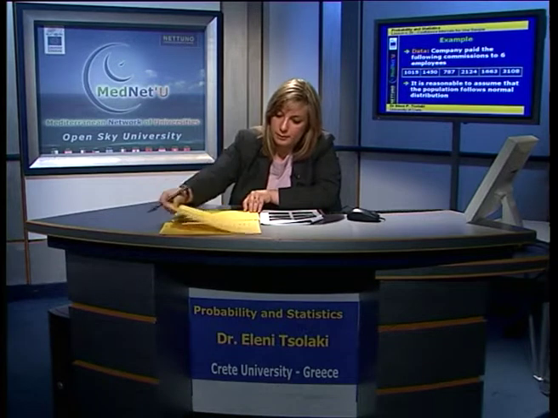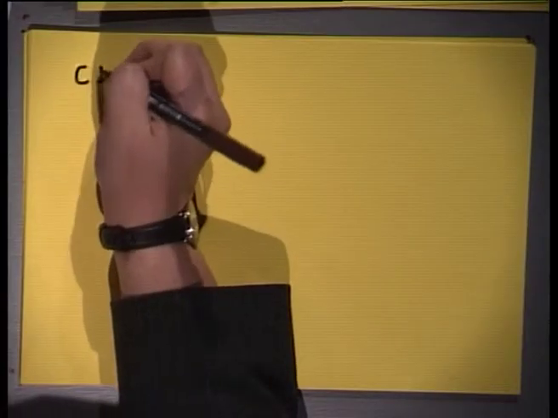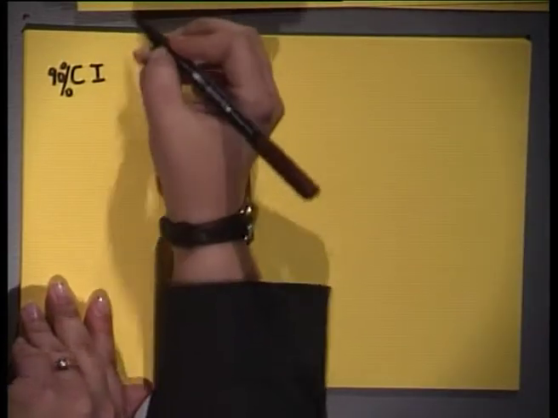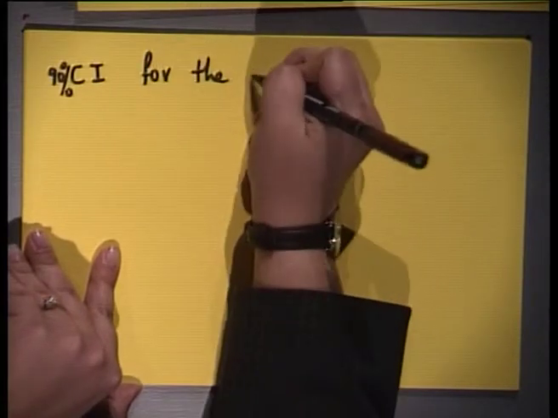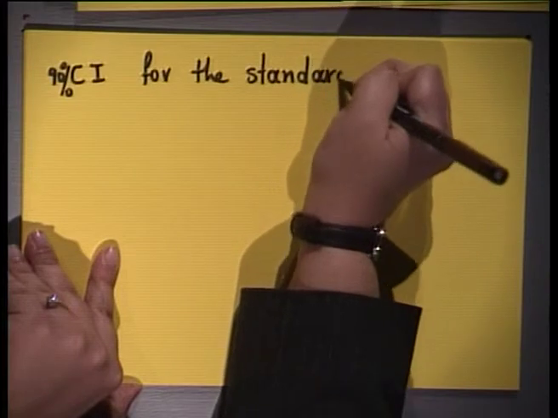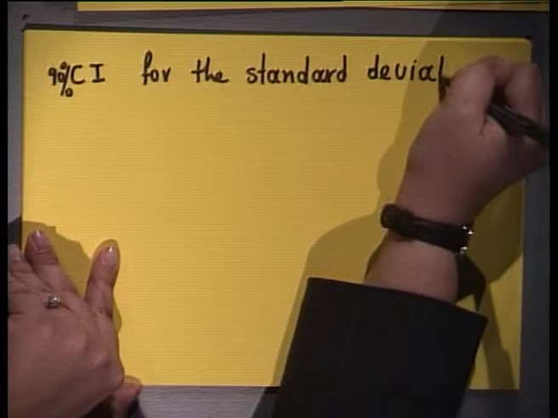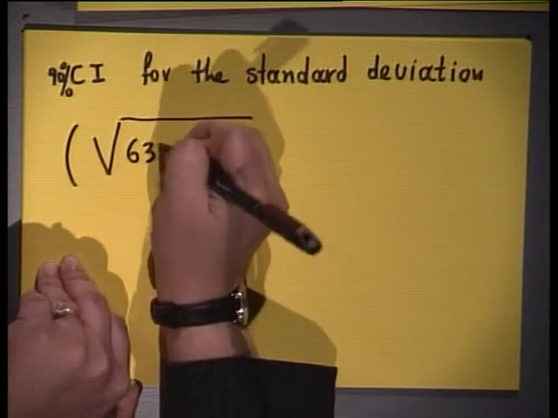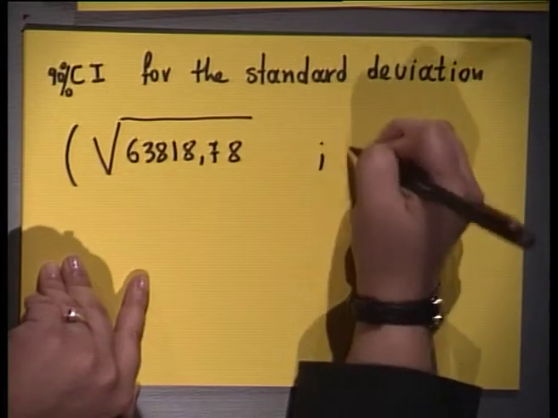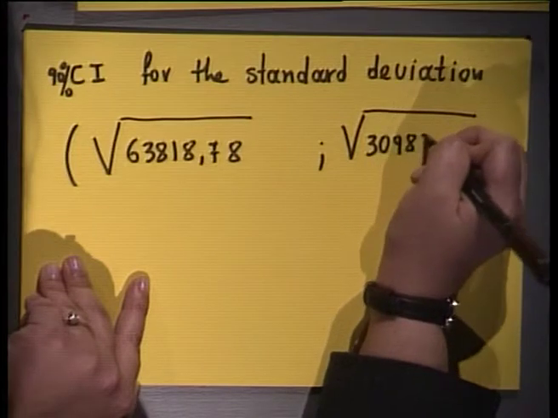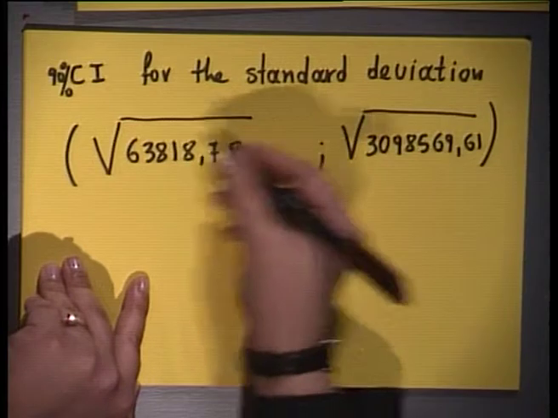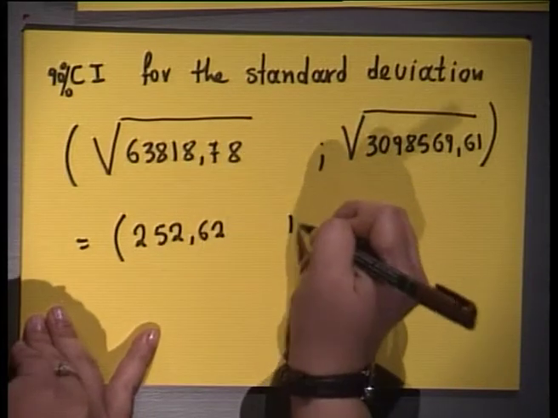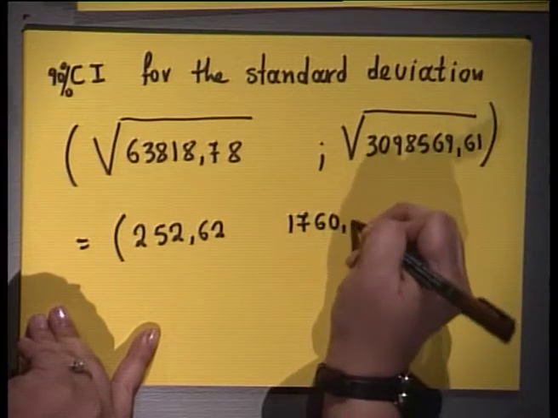So, the 90% confidence interval for the standard deviation, we can take the square root of the numbers we had before, and so the new confidence interval for the standard deviation will be 252.62 up to 1,760.27.